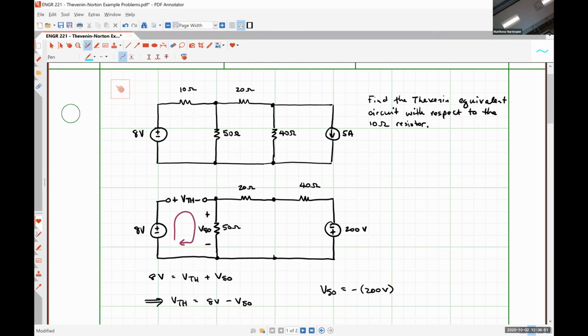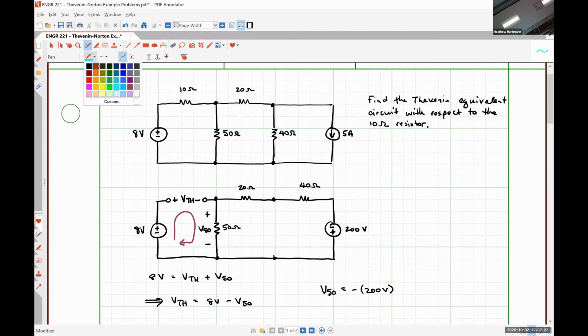So using our voltage division principles with the positive polarity on bottom, we should see the voltage drop over the 50 ohm resistor with this polarity, then the voltage drop over the 20 ohm with this polarity, and the voltage over the 40 ohm with this polarity. V50, I've defined with the opposite polarity. We could just as easily change it, but I'm lazy and I'm not going to. So with that in mind, that's where we have that negative sign there.